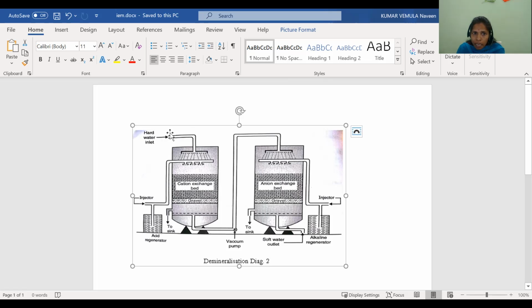When we pass the hard water sample through the cation exchange chamber, it exchanges all the hardness causing cations in the water sample. That means the calcium plus 2 and magnesium plus 2 are exchanged in this cation exchange resin. After exchanging all the cations, there are no cations in the water. Only anions are left in the water.